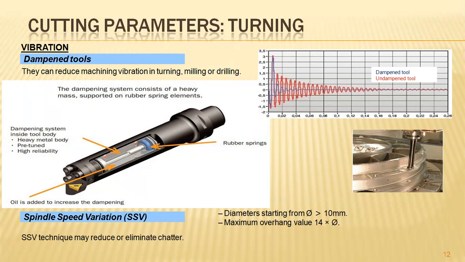Rubber springs are attached over it. If vibrations are created, these rubber springs absorb them through damping, and the tool will not get deformed in its work progress. Hence, a perfect finishing will be achieved.